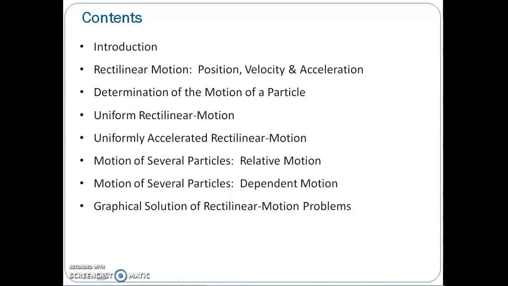The concept of the relative motion of one particle with respect to another will be introduced. Here it is called relative motion, followed by dependent motion. And finally, the graphical methods of analysis and their applications to the solutions of various problems involving rectilinear motion of particles will also be discussed at the end of these lectures.